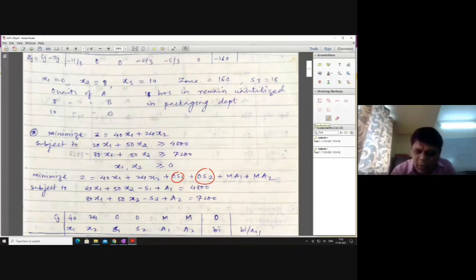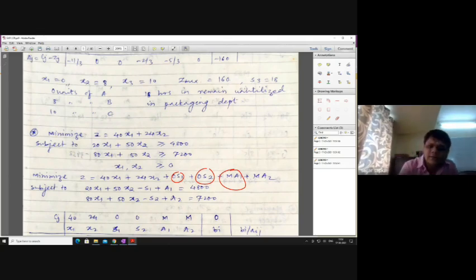That big amount is called big M. Okay, so plus M A1, we are going to add it. For minimization problem plus M, for maximization problem minus M will be the coefficient. I will tell you why it is so.